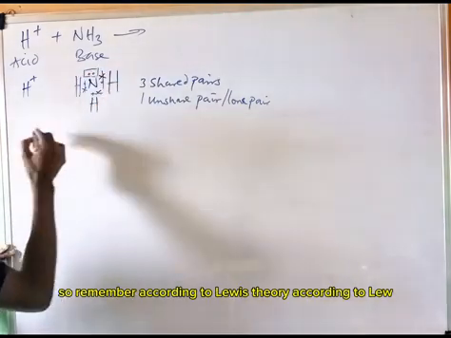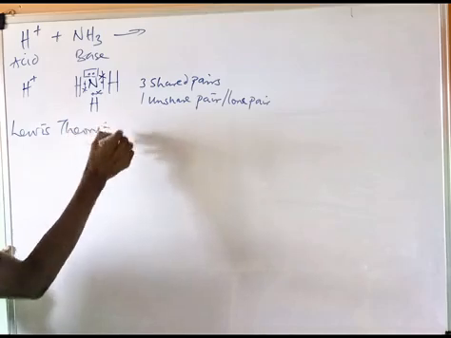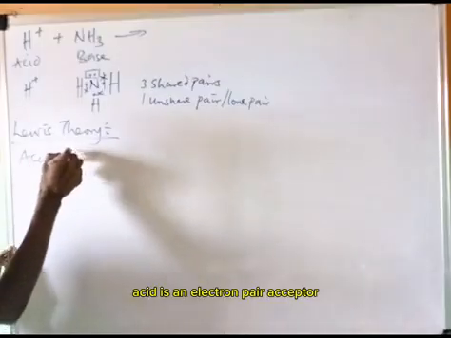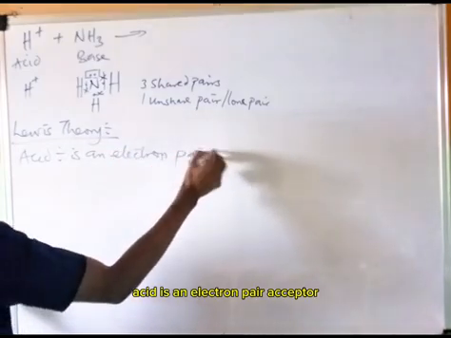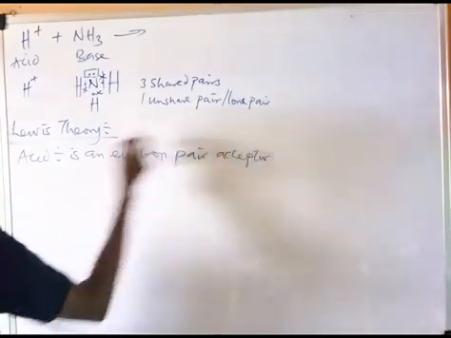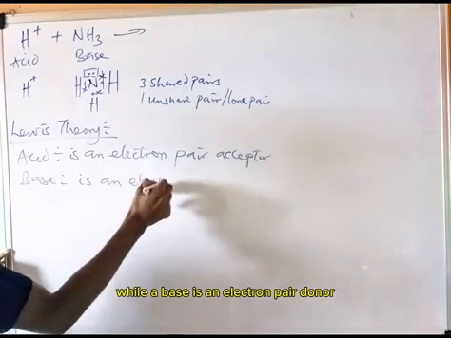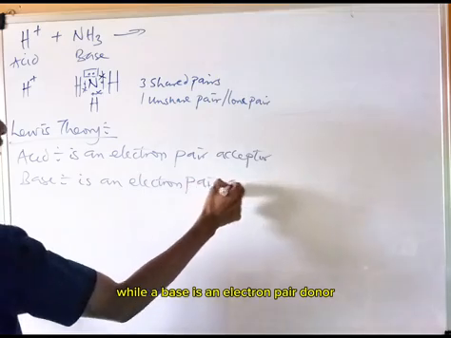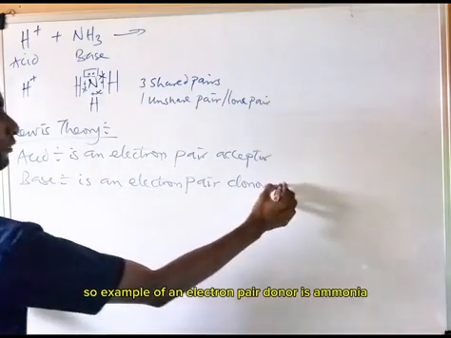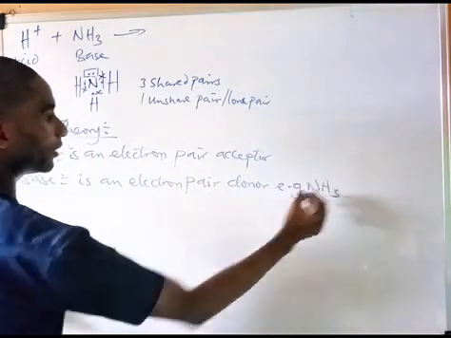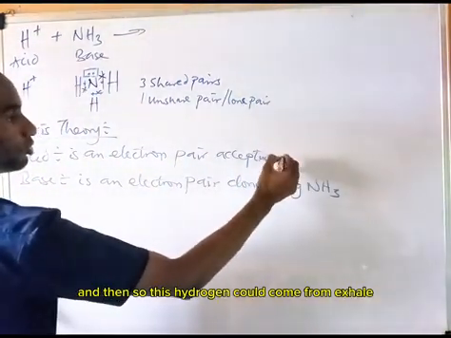So remember, according to Lewis theory, an acid is an electron pair acceptor, while a base is an electron pair donor. So look at it. This guy is donating. An example of an electron pair donor is ammonia, donating this pair of electrons to this hydrogen.